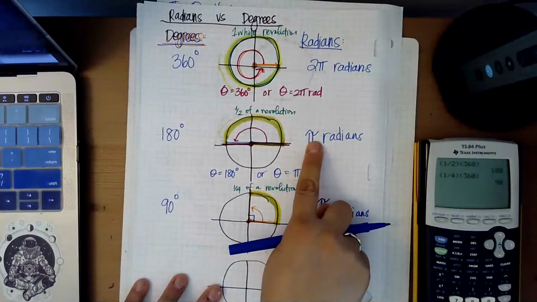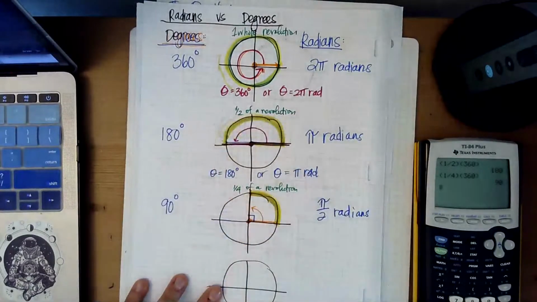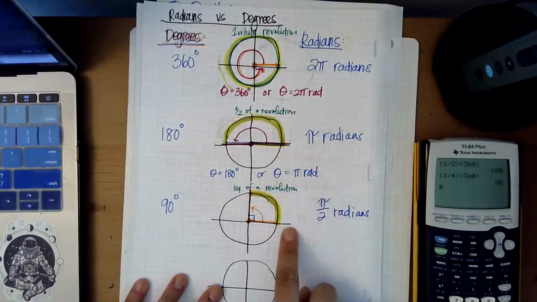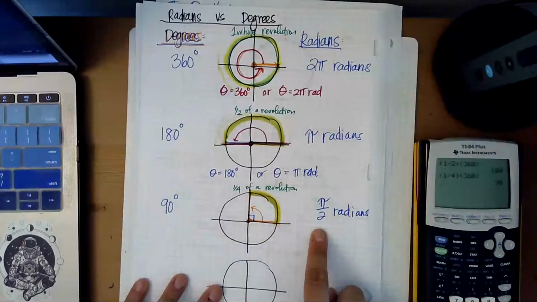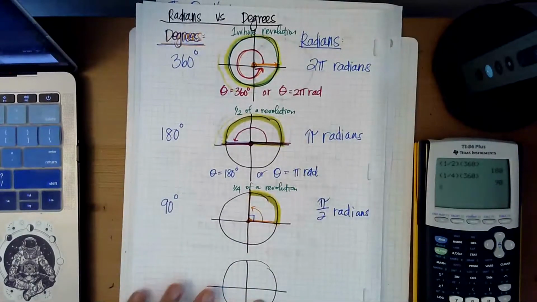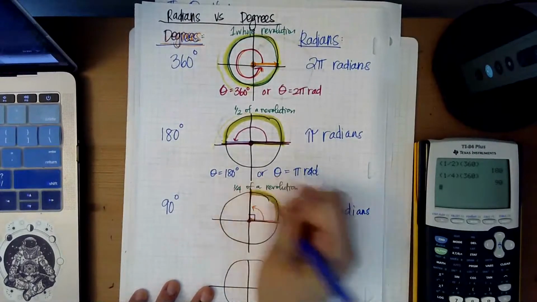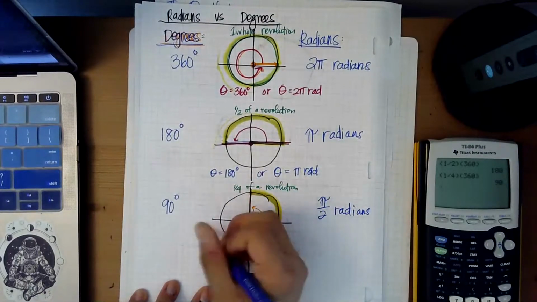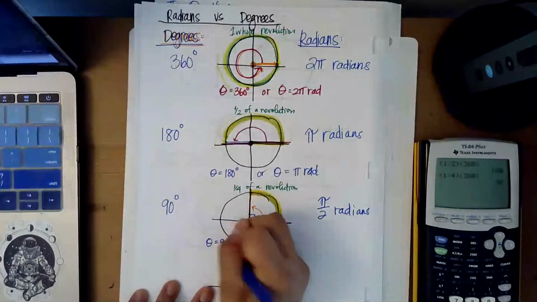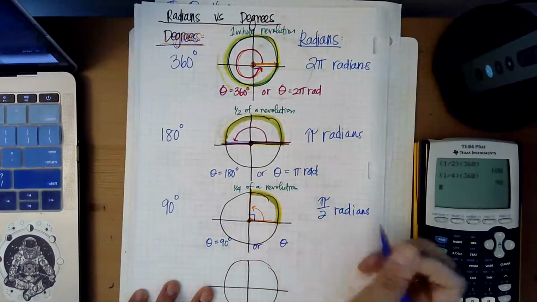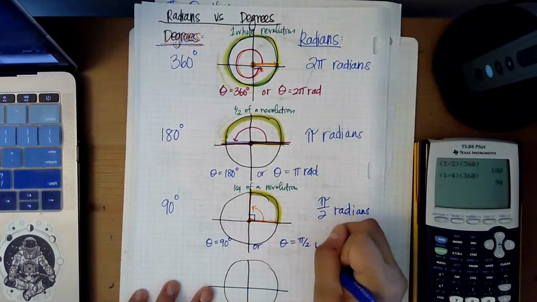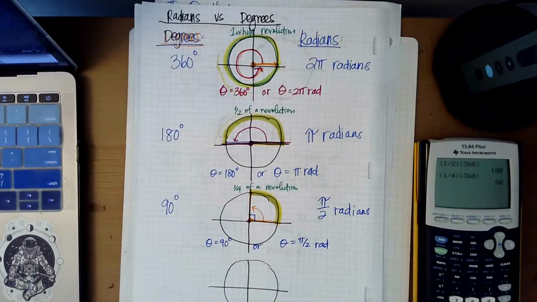Or if this is my anchor comparison, and this is half of that, isn't pi over 2 half of pi? So here in this 1/4 of a revolution analysis, theta is equal to 90 degrees, or theta is equal to pi over 2 radians. Okay.